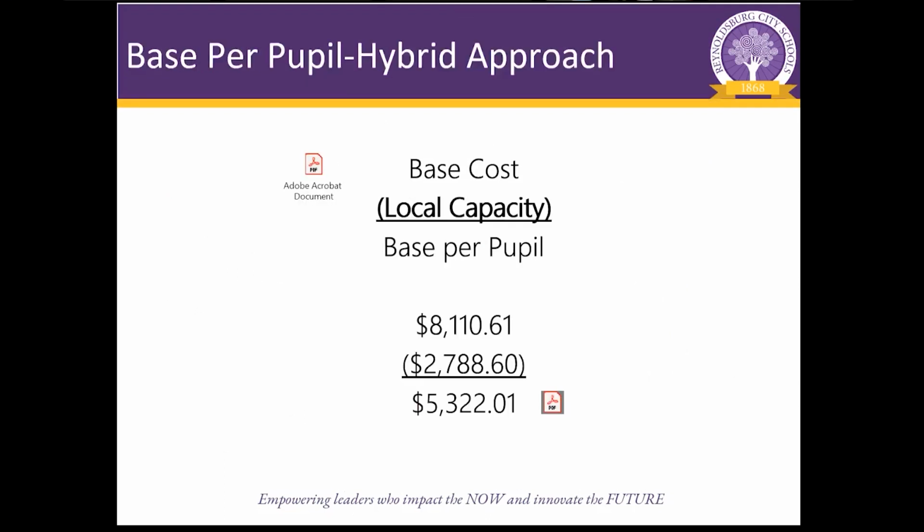And I've linked here, and we'll post this presentation, in case you want all of the detail of how the base cost is calculated. That is here for you. Also, our payment report, where we get a state payment twice a month, tells you how they come up with these numbers.